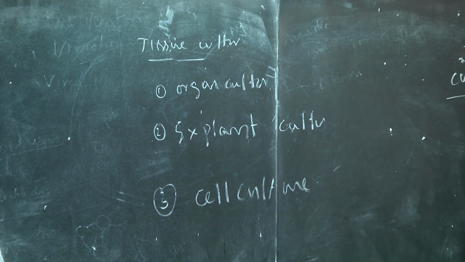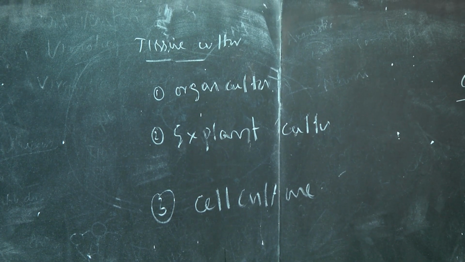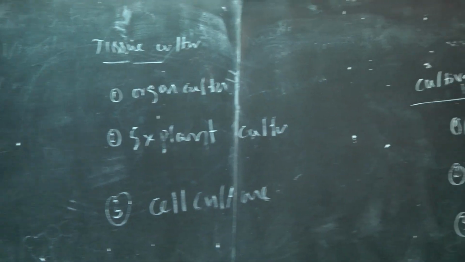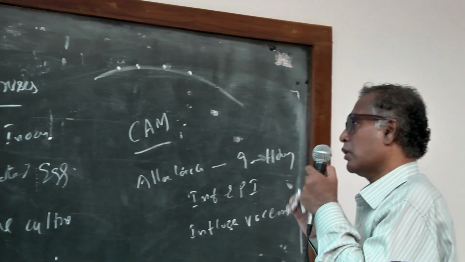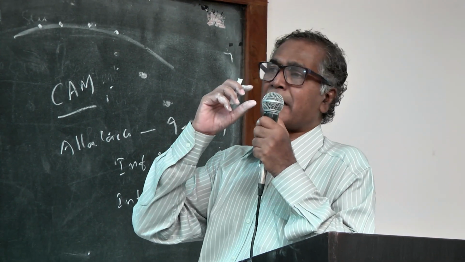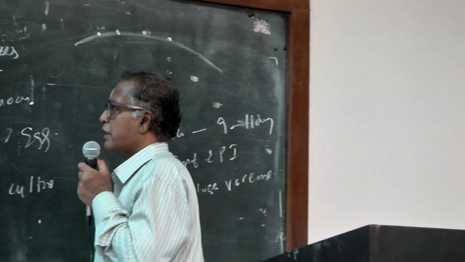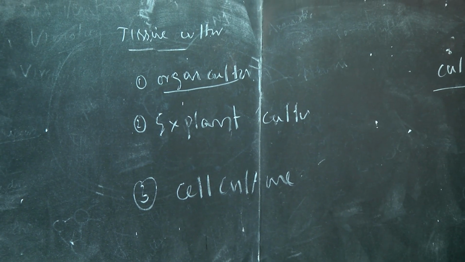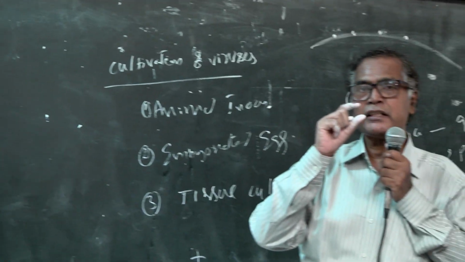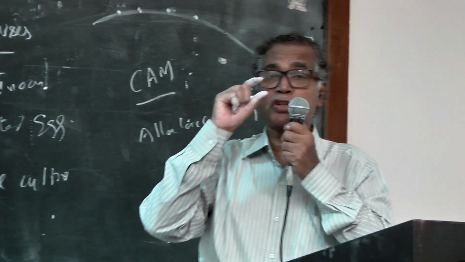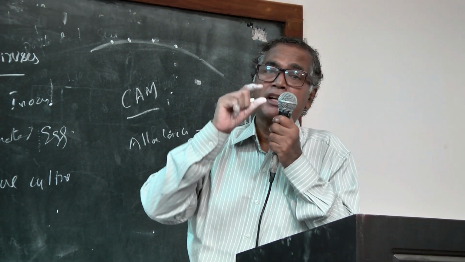So organ culture, as the name says, the virus will be grown on certain organs specifically. For example, there are certain organs which have specific sites of localization or development. For example, the coronavirus grows very well on tracheal rings. So, in organ culture, a part of an organ is taken and maintained for a few days to weeks, maintaining its original architecture and also its physiology.